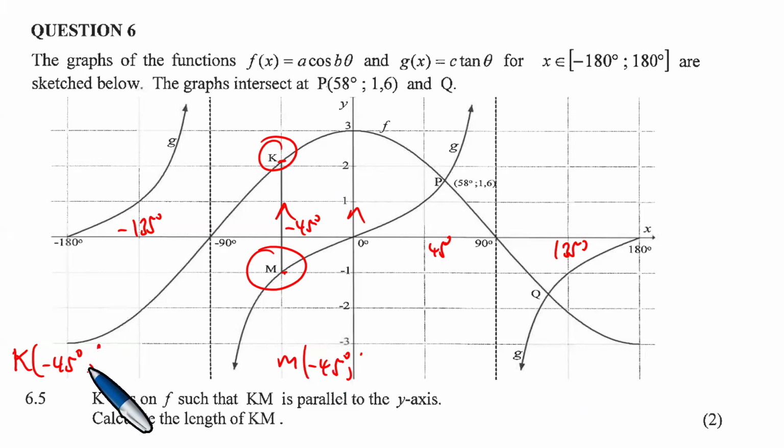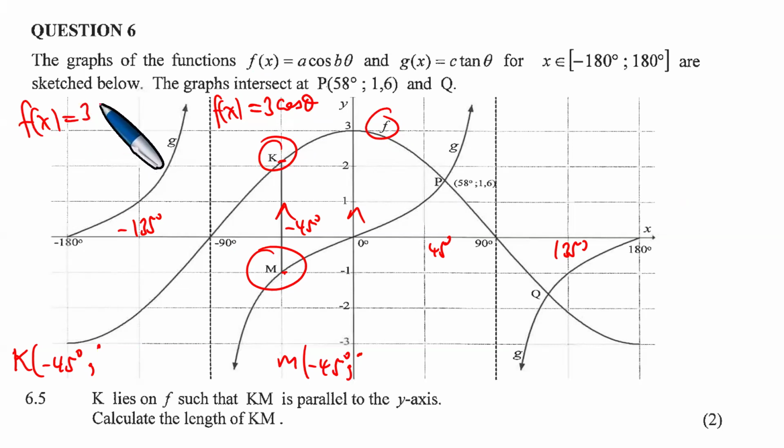And what then do we have? If x is minus 45 degrees, then what is the y? Look at the function F, which has the equation f of x. We have seen that A is 3 cosine theta, so f of x is 3 cosine of minus 45 degrees.